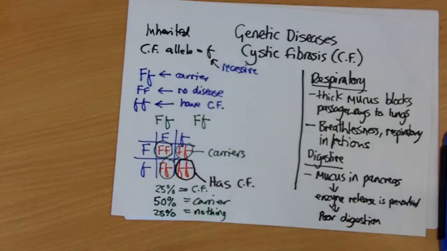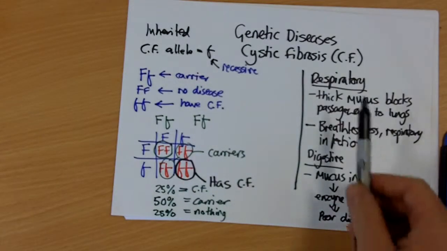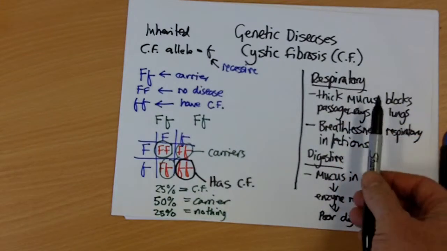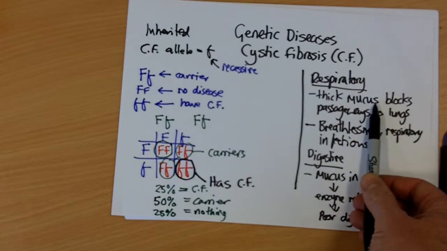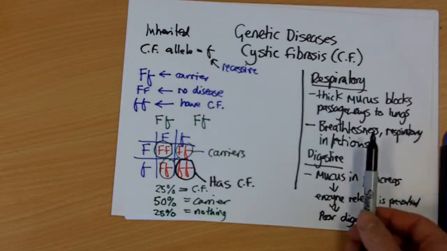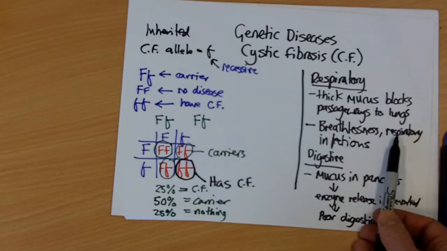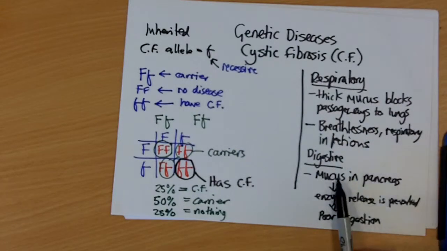So remember, key points about cystic fibrosis are: it's a respiratory disease, it causes mucus in the lungs which blocks airflow to the lungs, causing breathlessness and making you prone to respiratory infections. There are digestive problems in as much as mucus in the pancreas prevents enzyme release, and as you know, those enzymes are crucial for digestion, so it leads to poor digestion and not being able to get enough nutrients from your food.